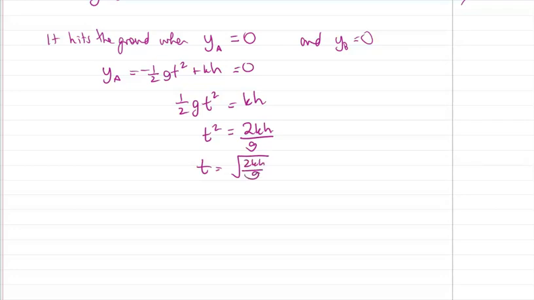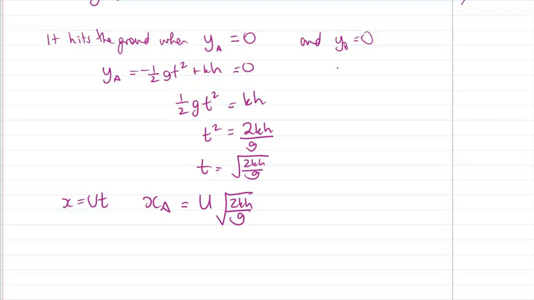Okay, that's useful. And we also know our equation for x equals ut. So let's find where that is at that time. So xa equals u times that t value. Now let's consider what we know about when yb equals 0.